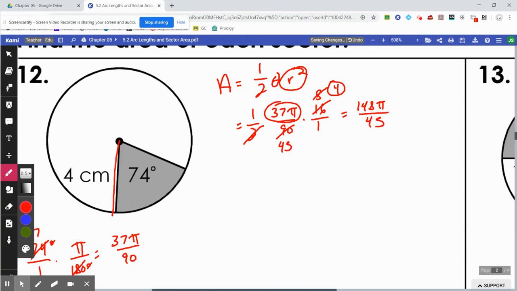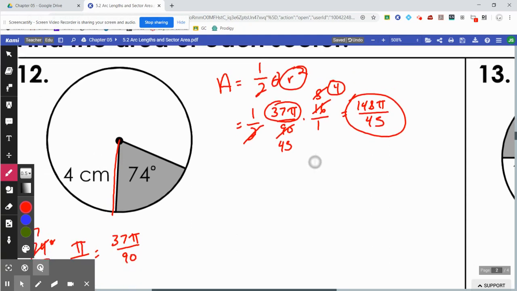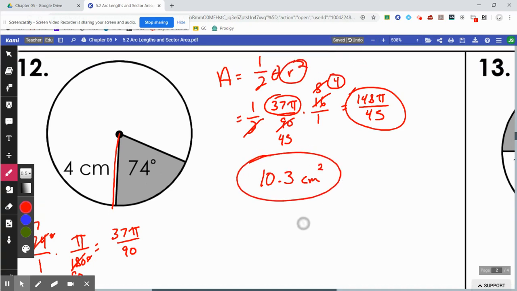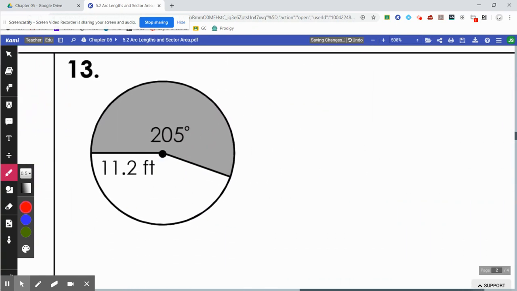Now that's going to be your exact answer. However, I didn't notice, but on these, they don't even ask for exact answers, so you could have just multiplied this whole thing out. You get 10.3, and since this is area, you're going to be measuring it in square centimeters.